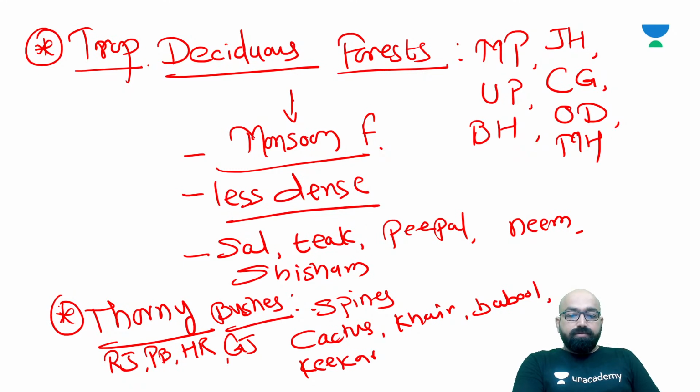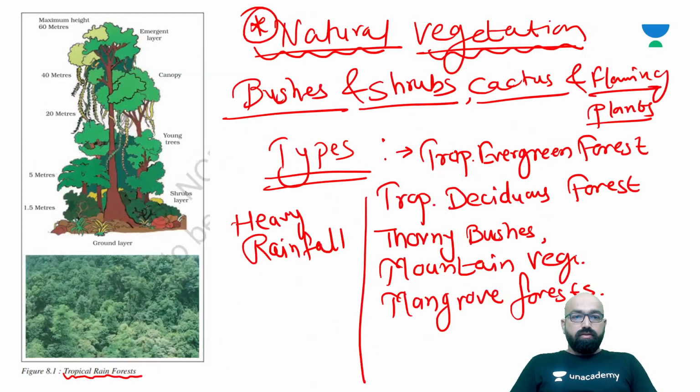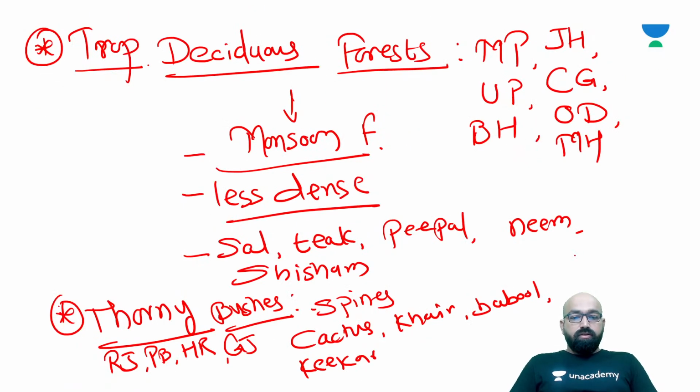Now, friends, mountain vegetation. A wide range of species is found in the mountains according to the variation of height. So, with increase in height, the temperature falls.